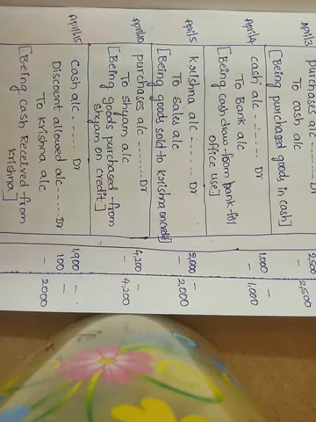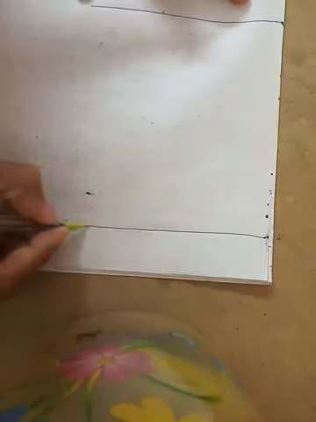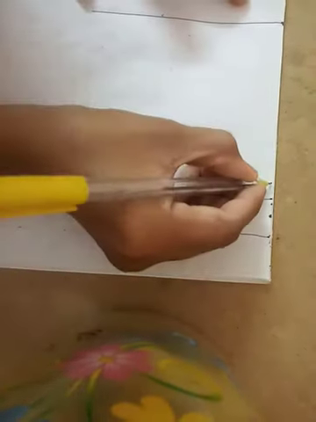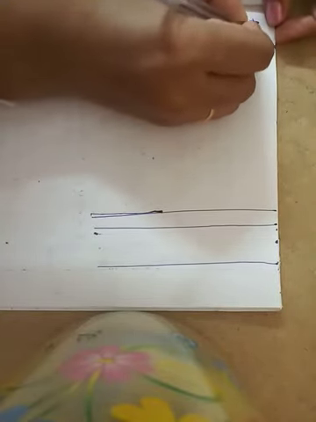Okay. Next is April 30, cash sales for the month. Cash sales means for selling goods we received cash.